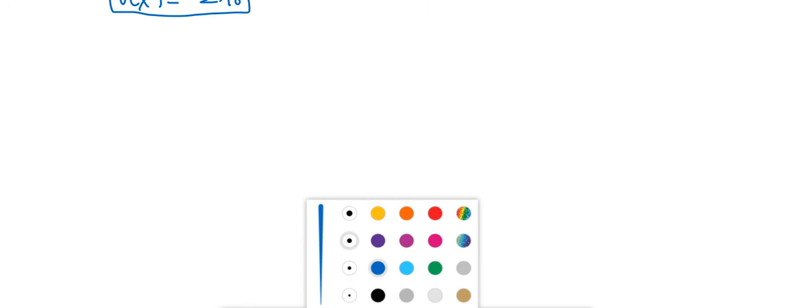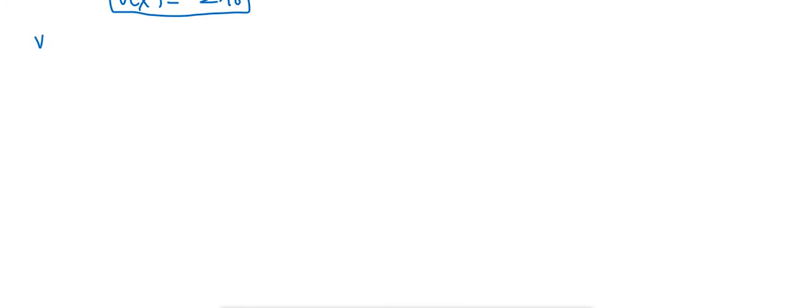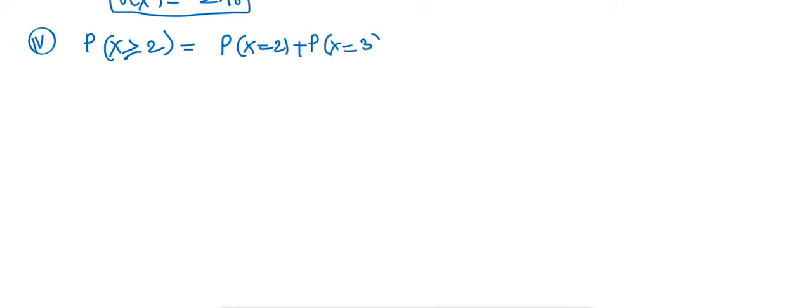Next, third one is over. Fourth one, probability of x is greater than or equal to 2, that is equal to probability of x equal to 2 plus probability of x equal to 3, that is probability of x equal to 2 is 0.3 plus probability of x equal to 3 is k, that is equal to 0.3 plus 1 by 10.